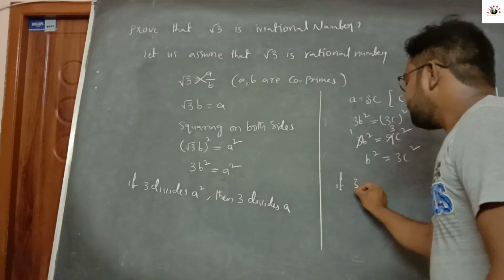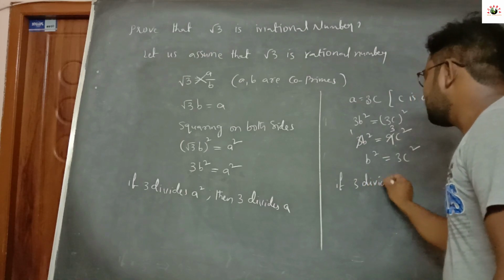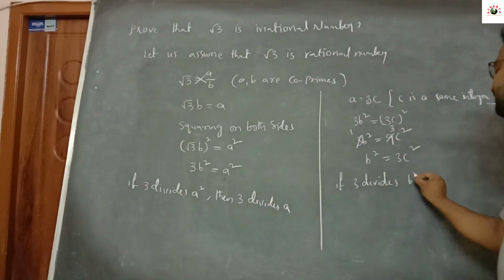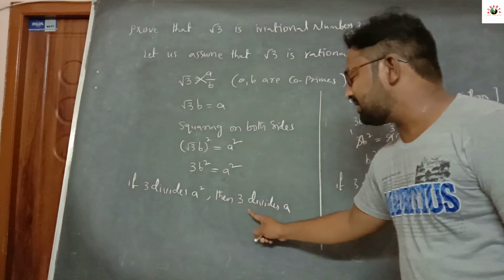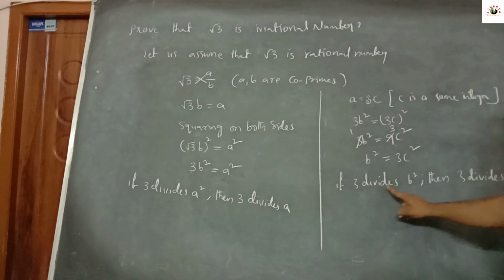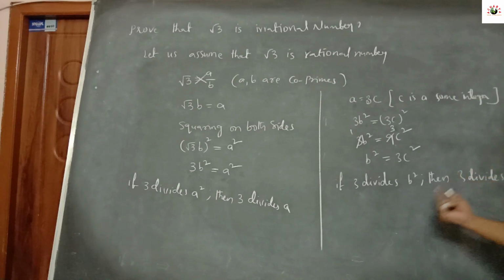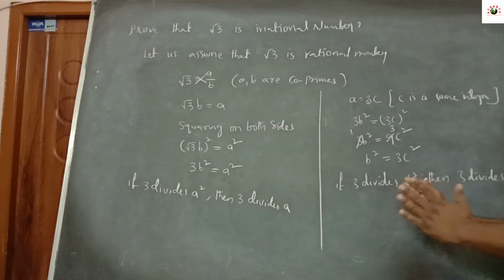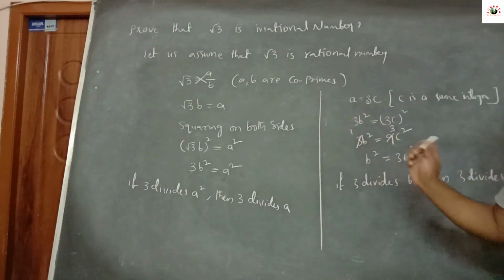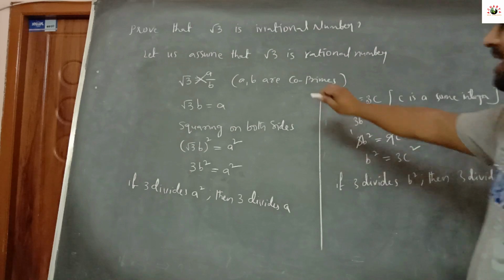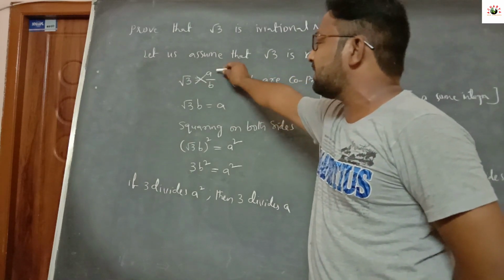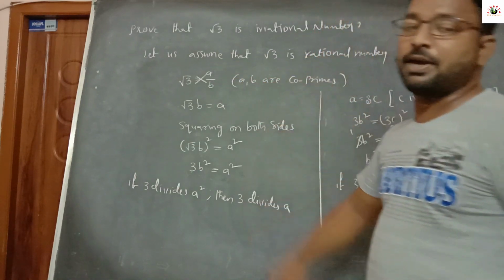So here 3 is a common factor of both A and B. But at the start we took A, B as co-primes.